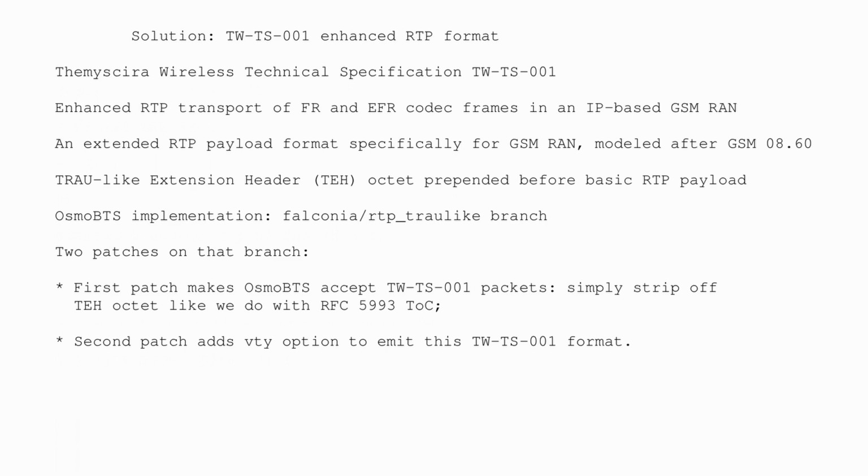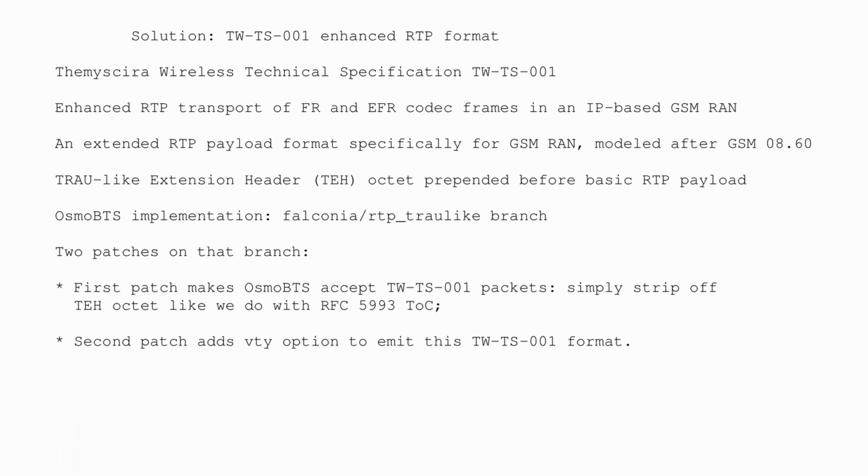The spec is hosted under my domain name, and it's going to stay there. It's a spec that I wrote in the style and language of 3GPP specs. The title of the spec is Enhanced RTP Transport for FR and EFR codec frames in IP-based GSM RAN. Here in the slide, I explain what it is.